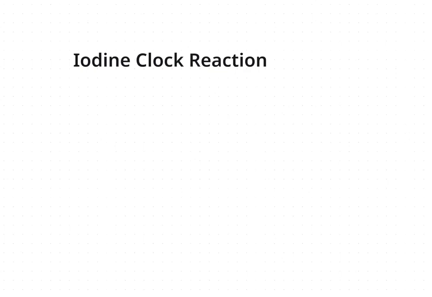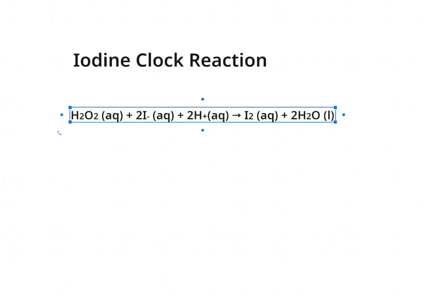So let's start thinking about the chemical reactions that are involved. One very common one is the reaction between hydrogen peroxide and iodide ions in acidic conditions to form iodine and water. So you may be thinking right away, oh, but there is a color change. Iodine is produced. Yeah, it's true, but it's a gradual change because the product starts to form as soon as the reaction takes place.